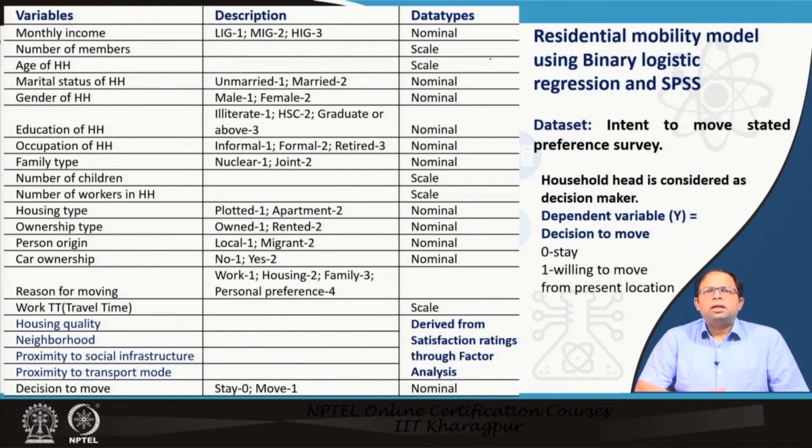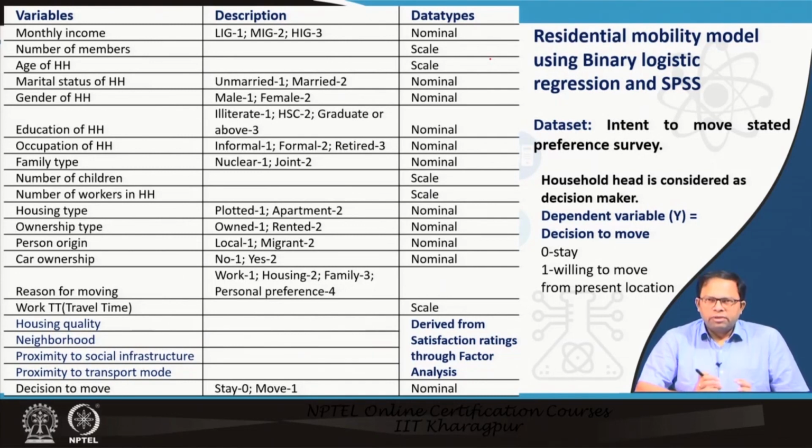First we will discuss the model itself. We are developing a residential mobility model using binary logistic regression in SPSS, and the data set that we will use is our intent to move survey. It's a stated preference survey that we had conducted earlier, and we talked with the household head, and we considered him to be the decision maker.